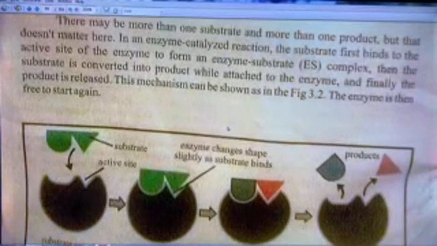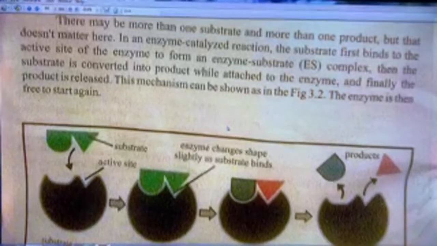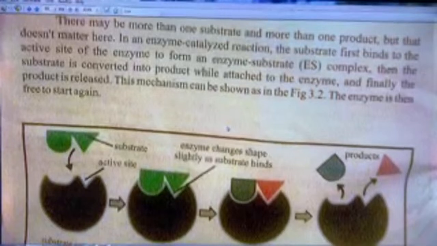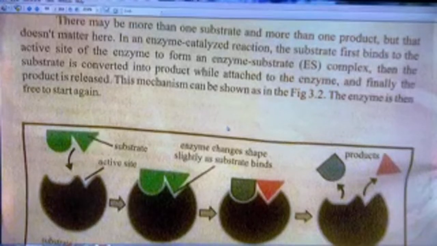In an enzyme-catalyzed reaction, the substrate first binds to the active site of the enzyme to form an enzyme-substrate complex. Then the substrate is converted into product while attached to the enzyme, and finally the product is released. This mechanism can be shown as in figure 3.2. The enzyme is then free to start again.